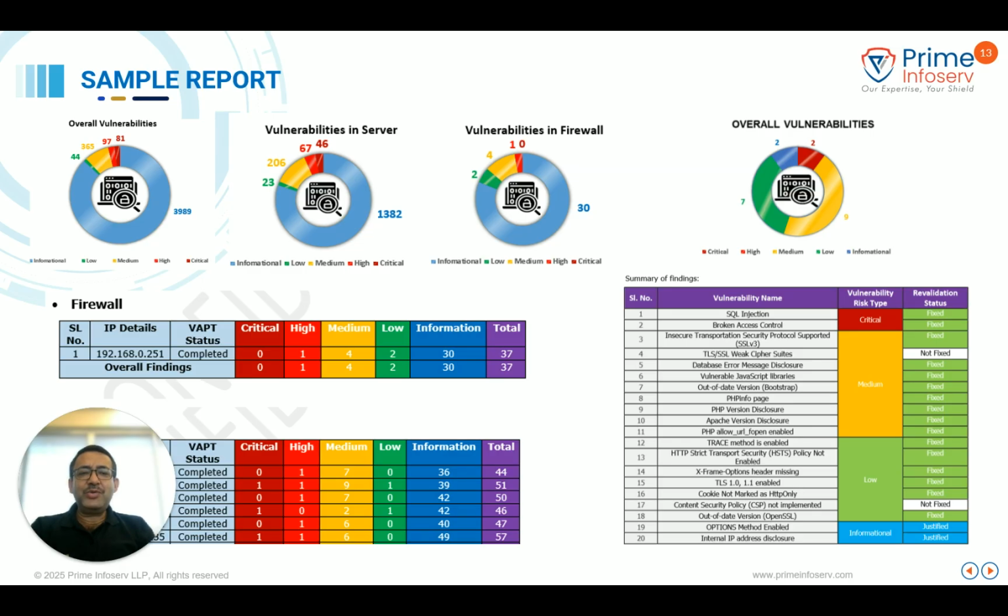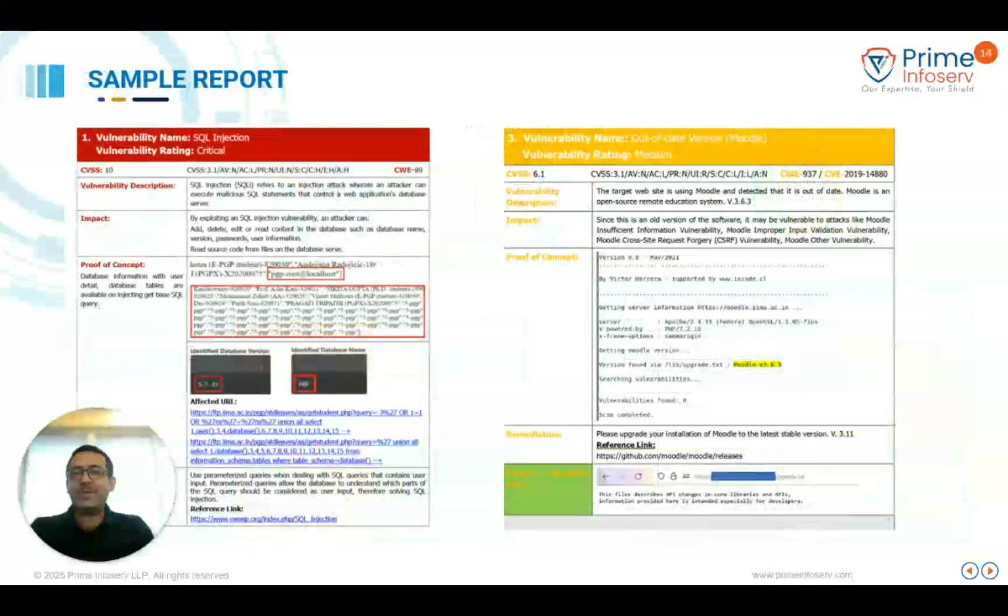Once we do the phase 1 audit, we'll identify the vulnerabilities and give you recommendations for mitigation. Once mitigation is done, there can be a phase 2 audit where we verify whether the identified vulnerabilities have been mitigated or not, and accordingly the revalidation status can also be incorporated in the final report.